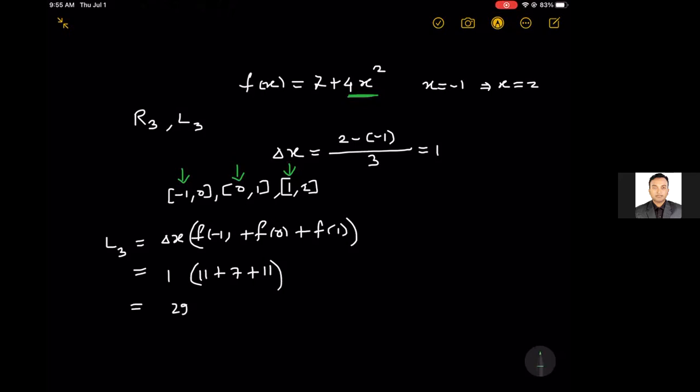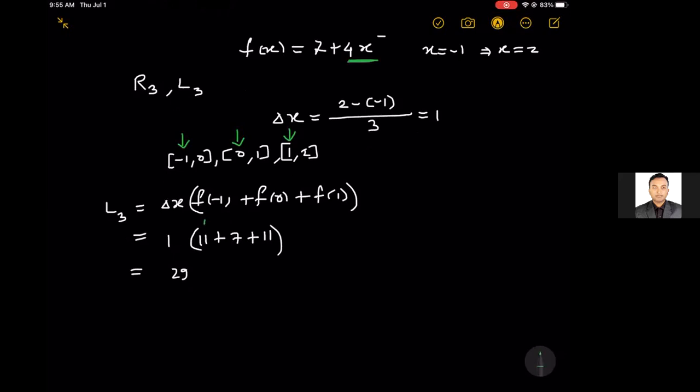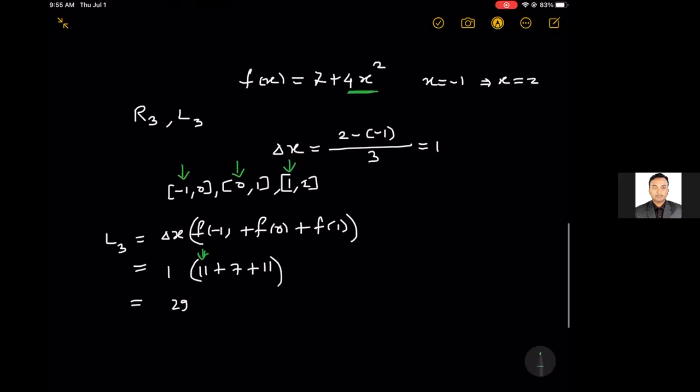So 7 plus 4 is 11. Then we have 0. If you plug in 0 in place of the x, we'll have 7 plus 4 times 0, so it will be 7. And if we plug in 1, the way we have done it for -1, it's still 11, because 1 squared is 1. So 7 plus 4 is 11. So yeah, you're right. It should be 29.